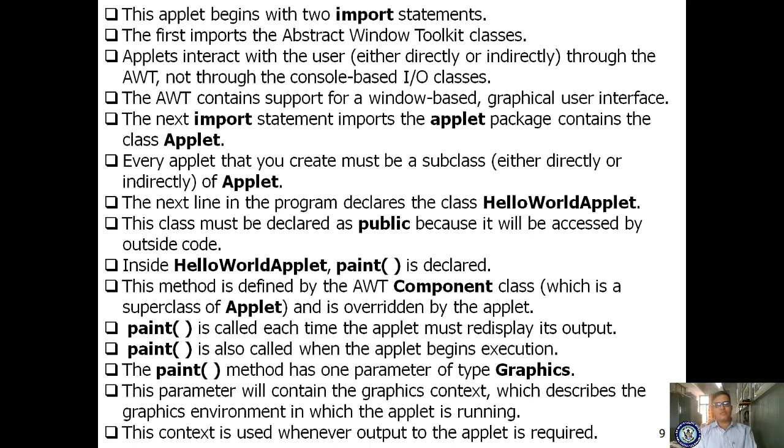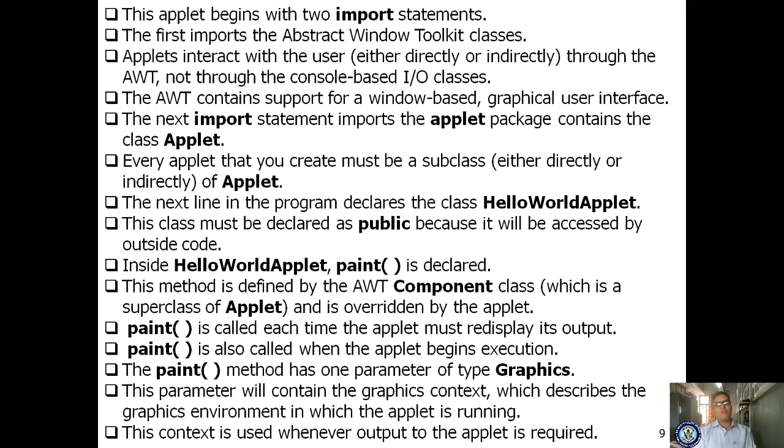The next import statement imports the applet package, which contains the class applet. So in the first statement we have written import java.applet.applet, right? So from the applet package, the applet class can be imported in your program. Every applet that you create must be a subclass of applet.